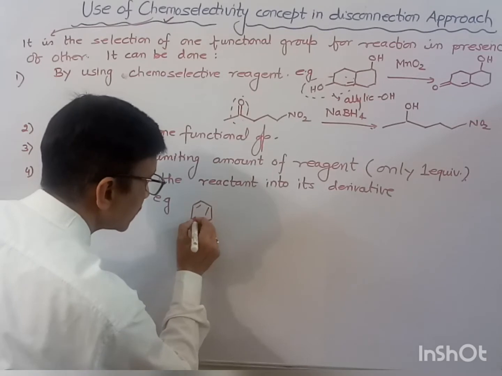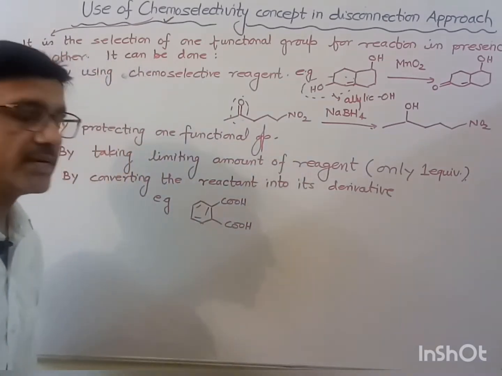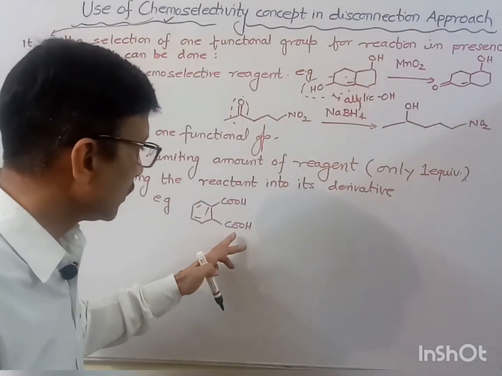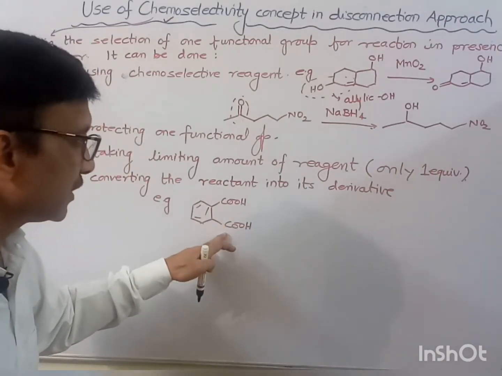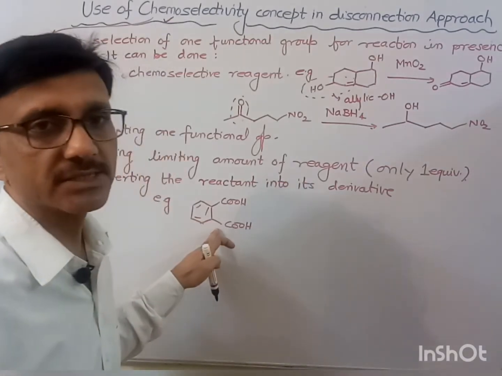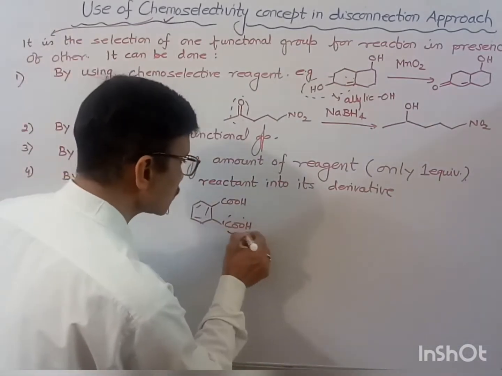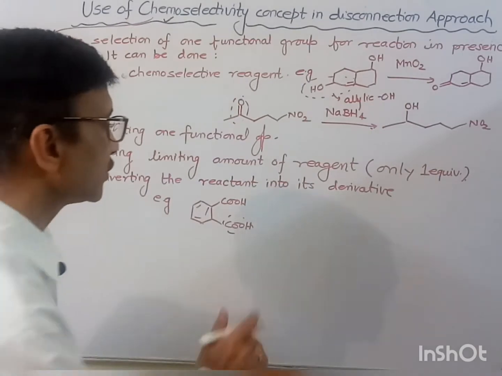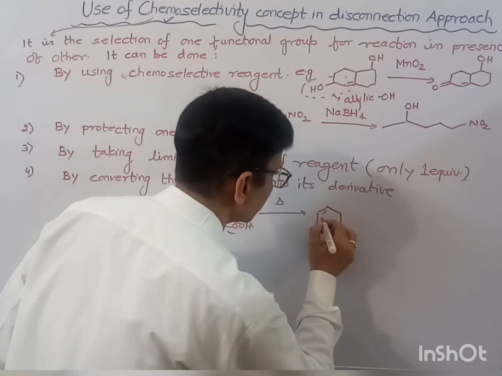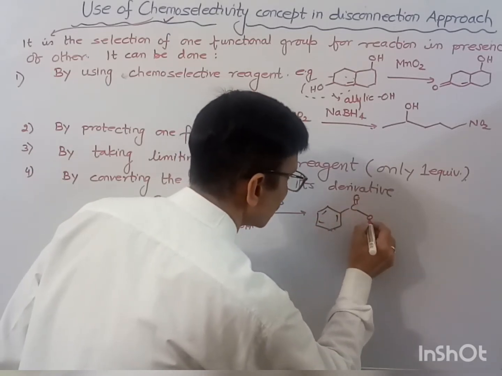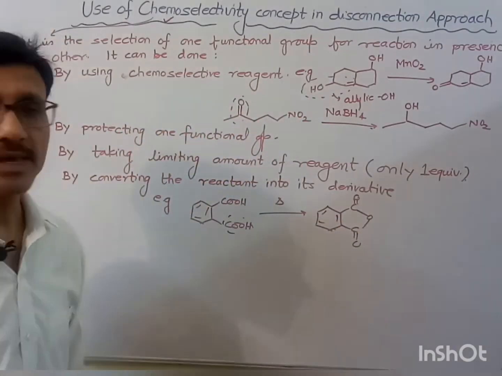Suppose we have a benzene dicarboxylic acid and we want to esterify only one of the COOH groups. This can be done by converting this dicarboxylic acid into its anhydride, and then further reaction can be done. So we will convert it into its derivative, that is the anhydride. So these are certain ways by which chemoselectivity can be done.